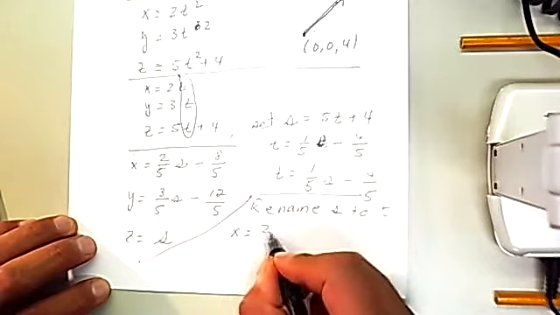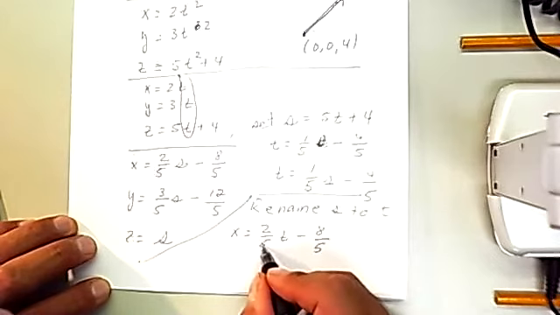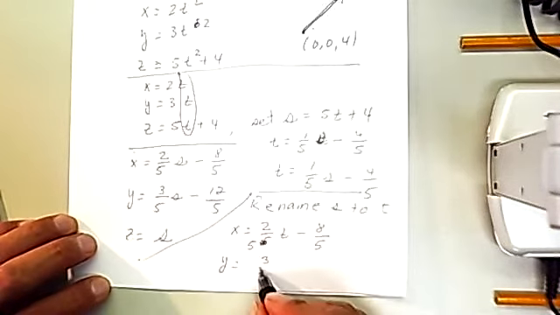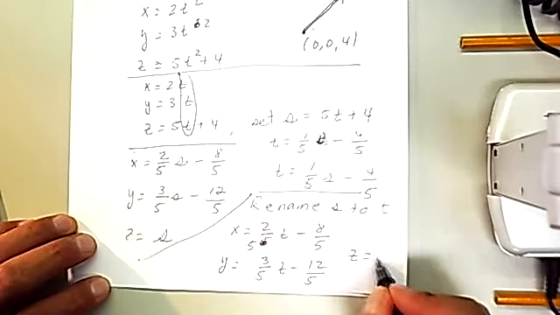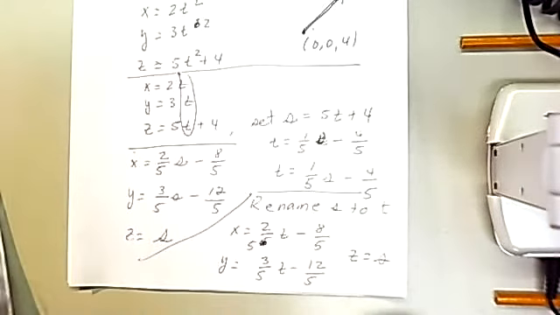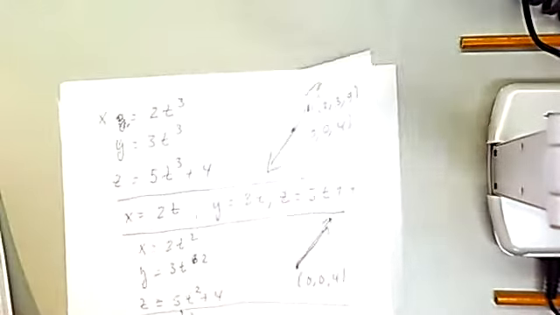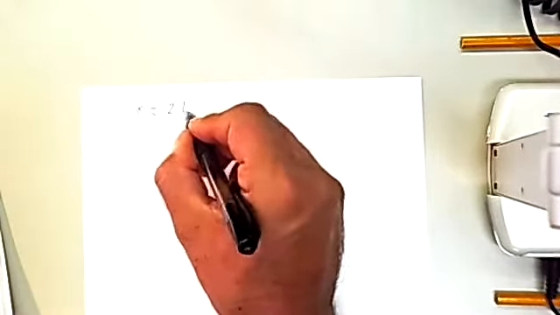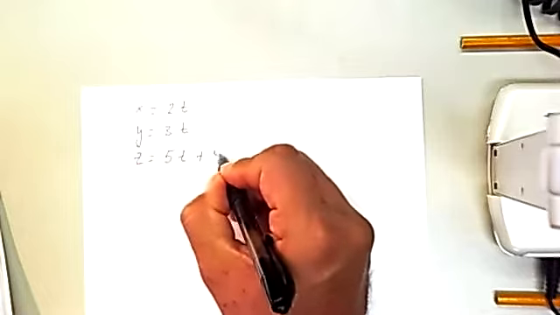So x becomes 2/5 t minus 8 over 5. Y equals 3 over 5 t minus 12 over 5, and z is equal to just t. Let me rewrite this; that's a little bit too messy. So our original parametric equations were x equals 2t, y equals 3t, z equals 5t plus 4.